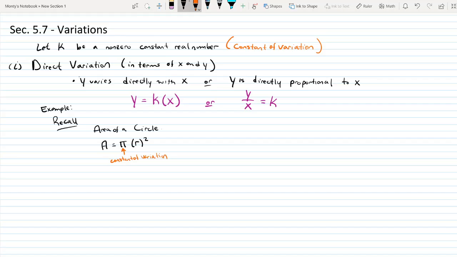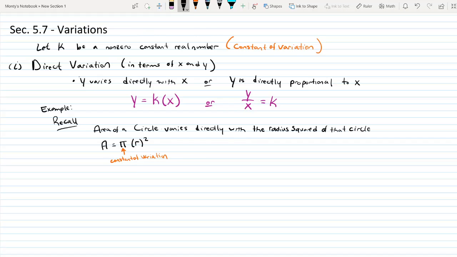In reality, the area of a circle varies directly with the radius squared of that circle.